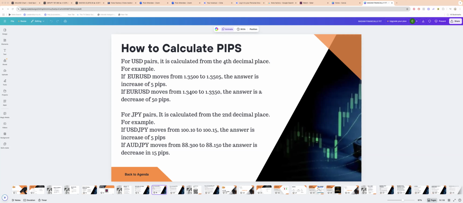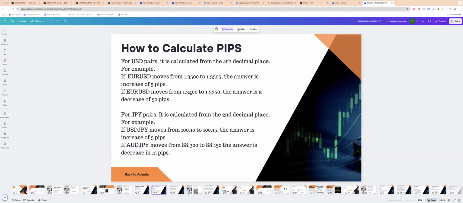Who can tell me the fourth digit after the decimal place for the two prices? Somebody wrote five, good.